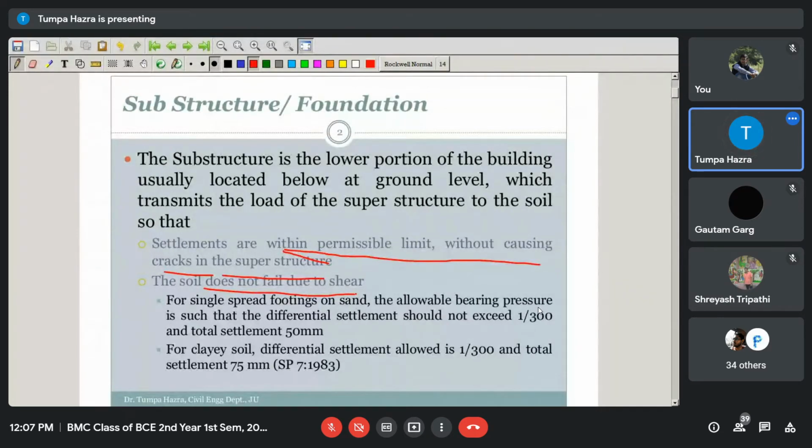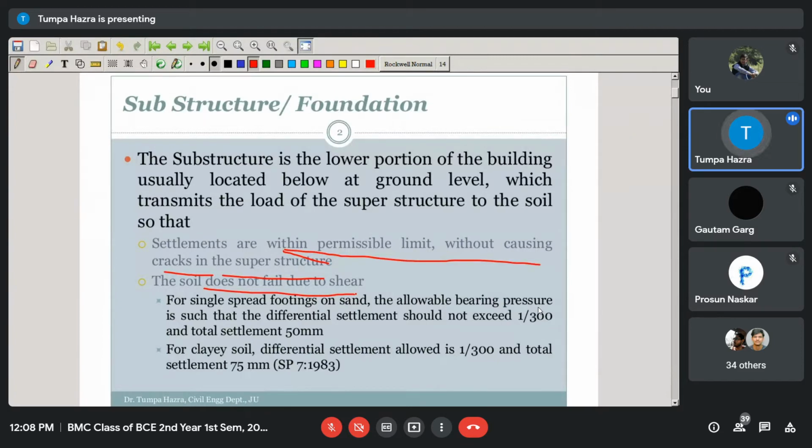Okay, now what is the permissible limit? You know that if the load will be transmitted by the foundation of the building, then obviously if the load is within the bearing capacity of the soil, then there will be no chance of failure. Okay, there will be no chance of failure.